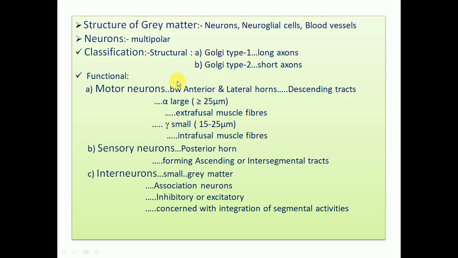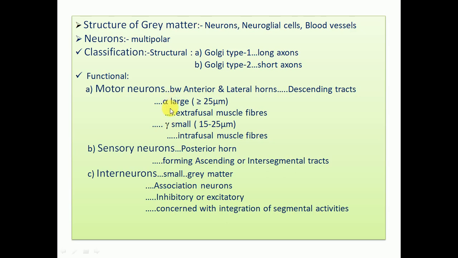Now the functional classification of the neurons of the grey matter. First are the motor neurons. Motor neurons are mostly present between the anterior and lateral horns, and they form the descending tracts and the motor roots of the spinal nerve roots. Motor neurons are again divided into two types according to diameter, alpha and gamma.